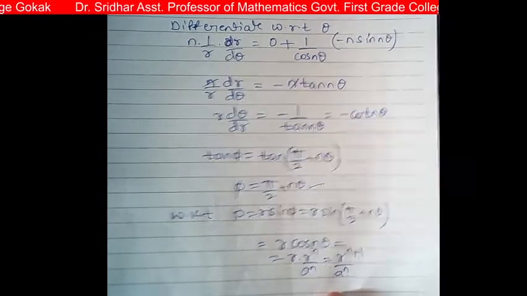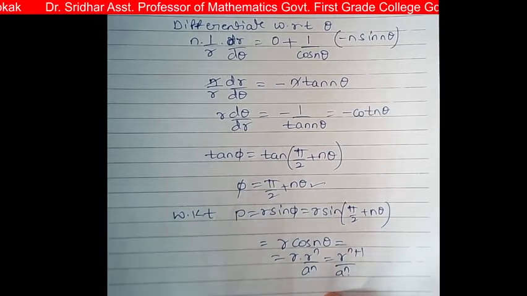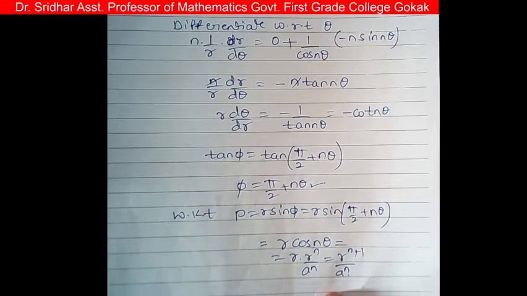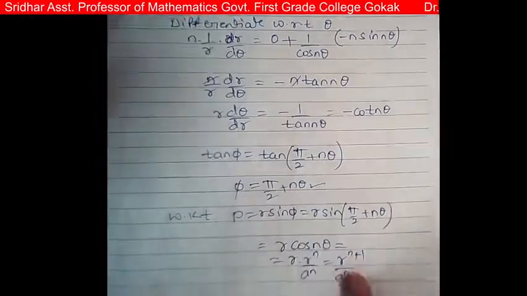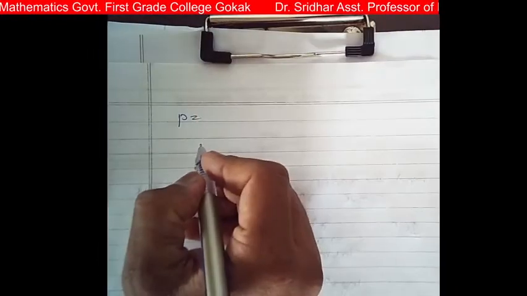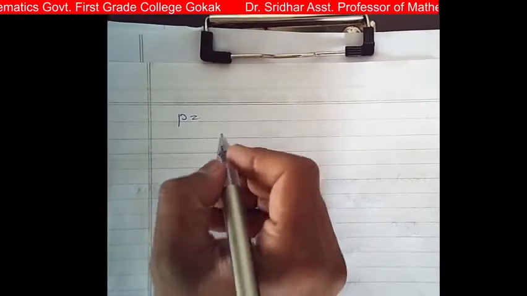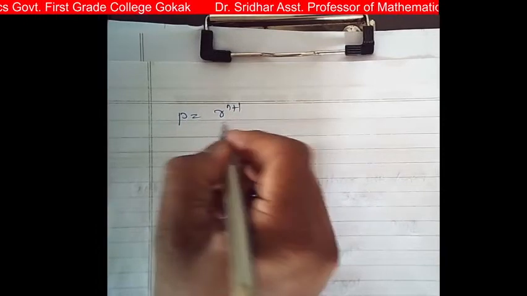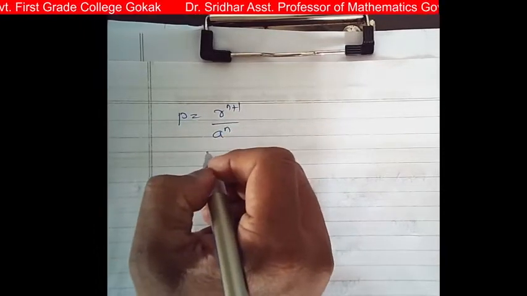Okay, now after finding this p, we got p is equal to r raised to n plus 1 divided by a raised to n.